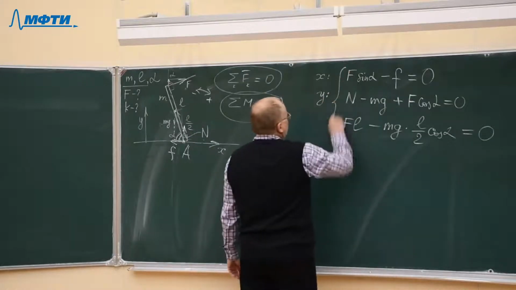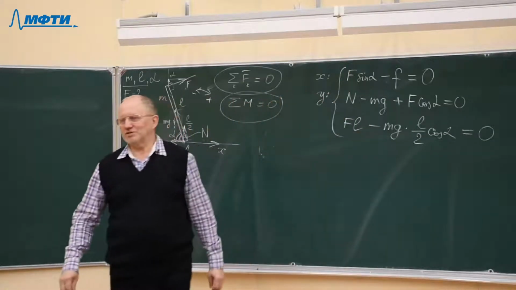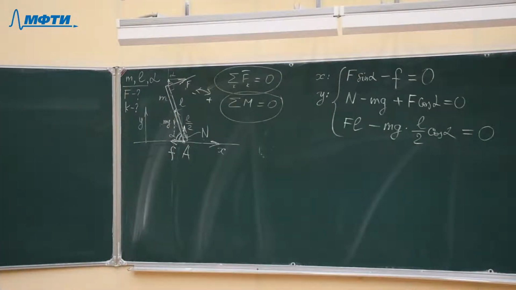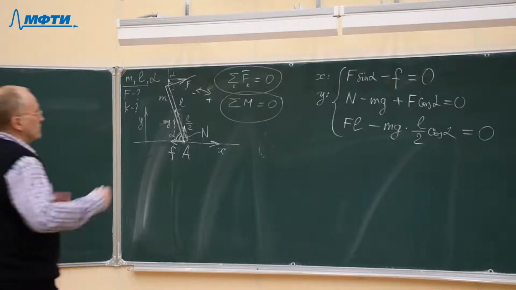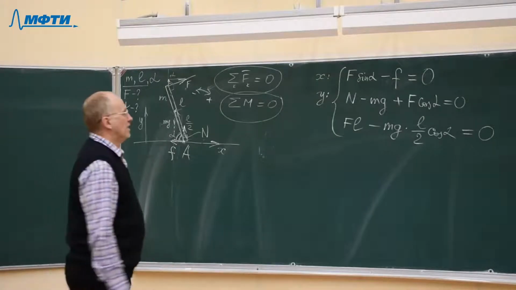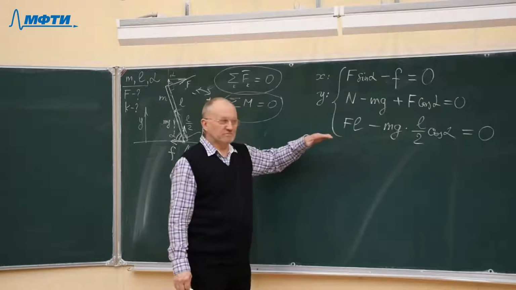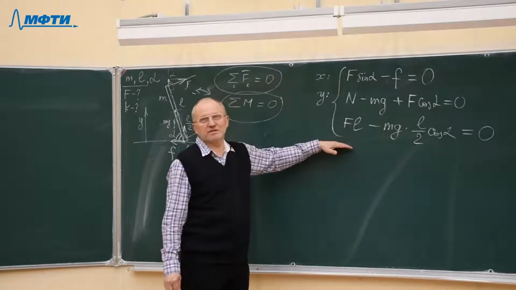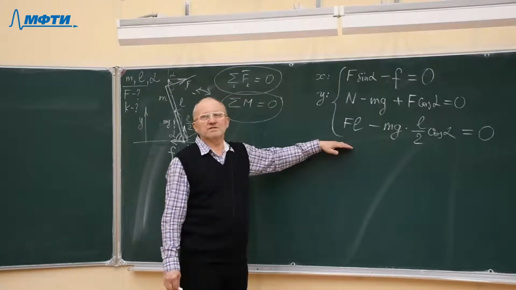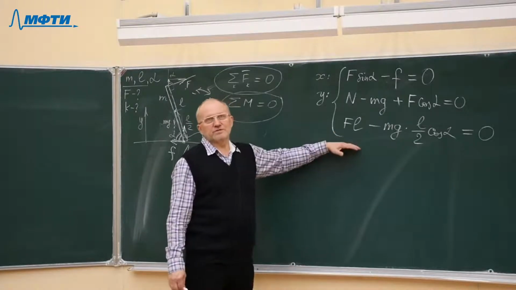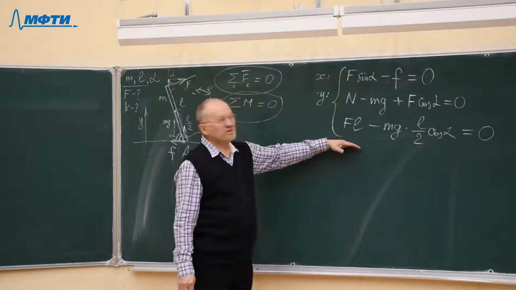So we have a system of three simultaneous equations, which now can be solved using mathematical methods. At this point, physics has ended. We have done everything necessary as far as physics is concerned. Now we have to use mathematics to solve these simultaneous equations.